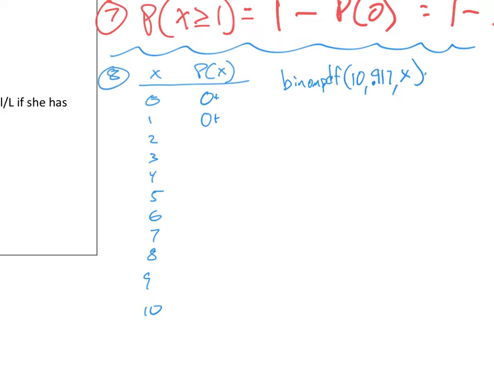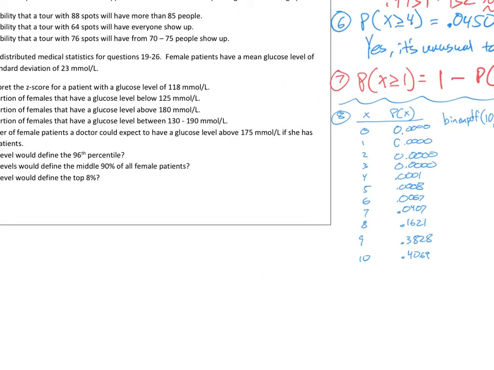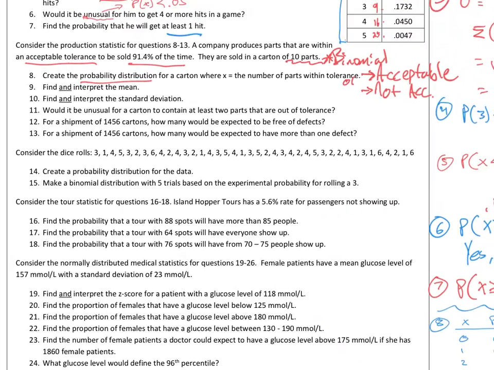And we're going to continue this all the way through 10. Recording it to 4 decimal places, these are all 0. So there's our list, and we're going to use that for the next couple of problems.